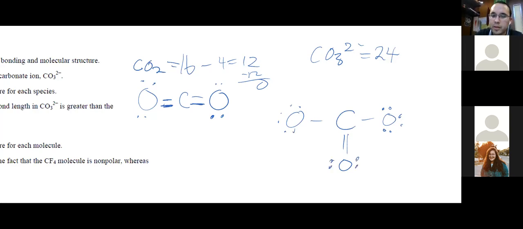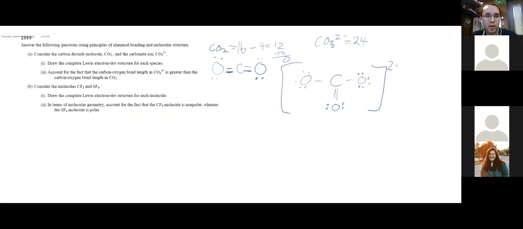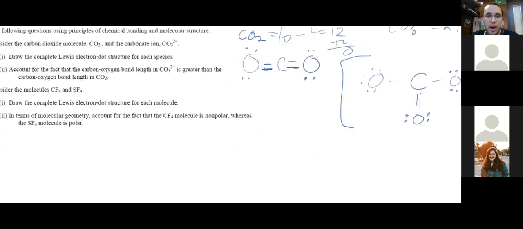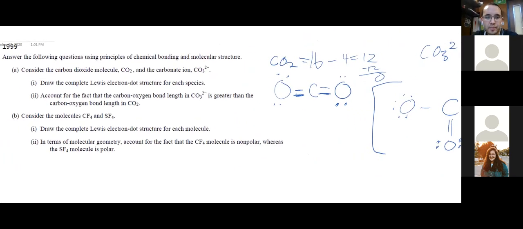All right. Now we should bracket the whole thing, and we should put our 2 minus. Good. So our Lewis structures are now finalized. So that was part A for it. And now it's asking us about bond length. So what do you guys know about bond length?